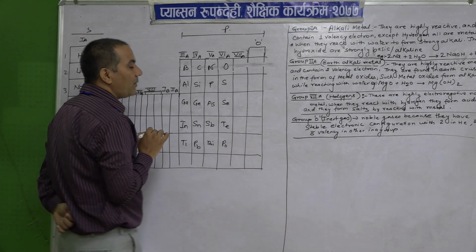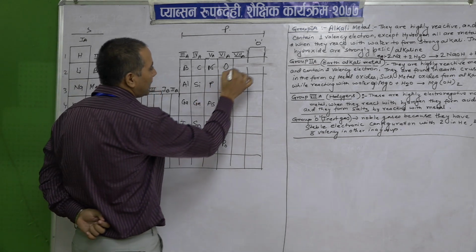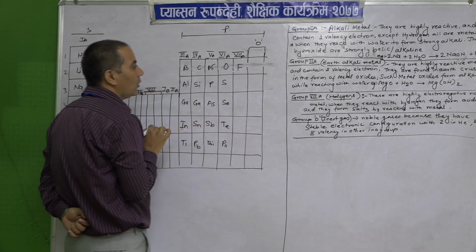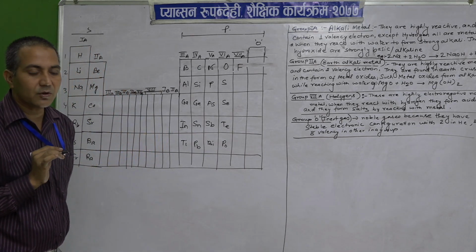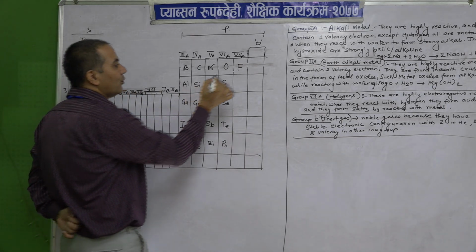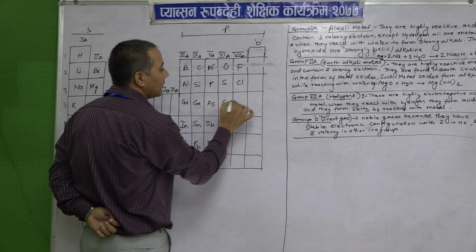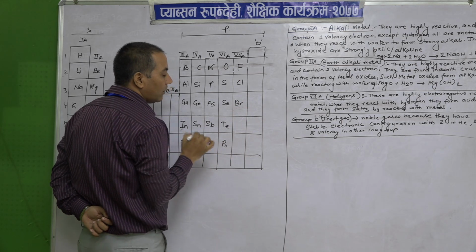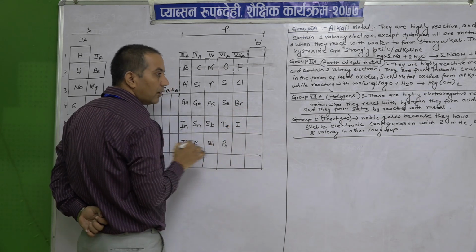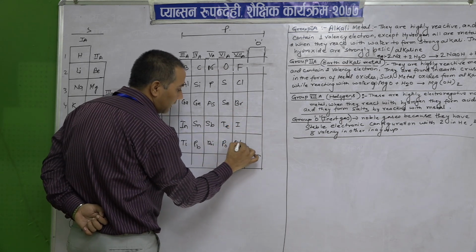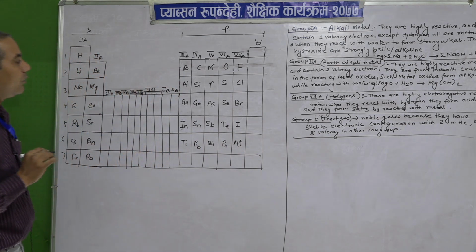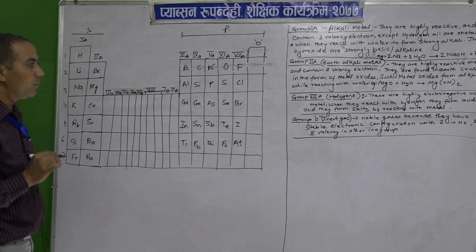Then the next one, group 7, is the fluorine group. The sentence we made here is: Four class break in atmosphere, F, Cl, Br, I, At.